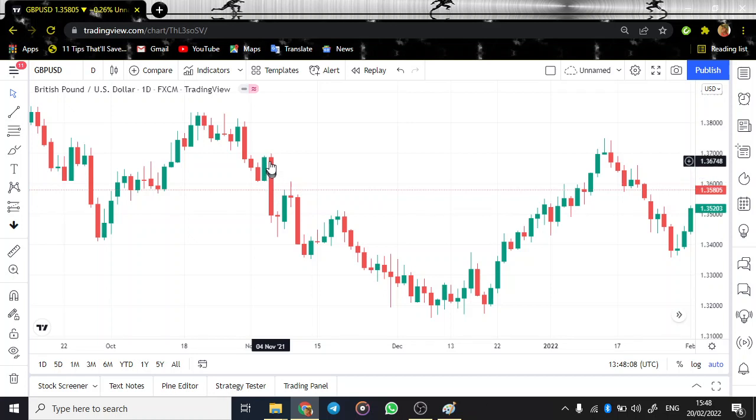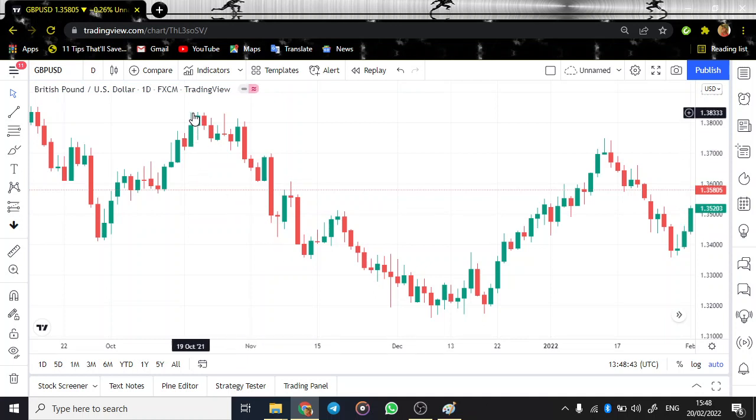So this large red candlestick took an entire day to be created, and so did the next one and the next one. Between these 4 candlesticks, we are talking about 4 days: day 1, day 2, day 3, and day 4. It took 4 days to create these 4 candlesticks.